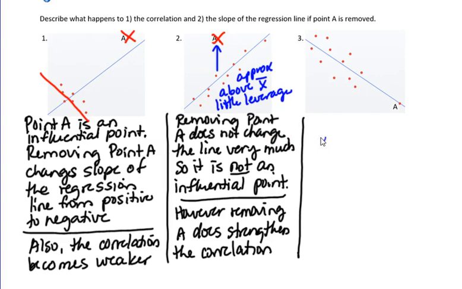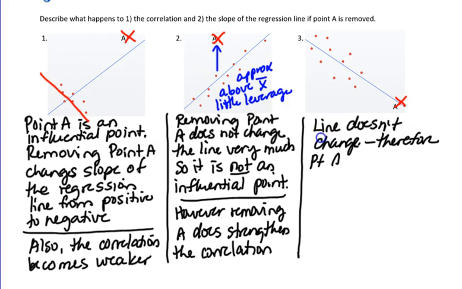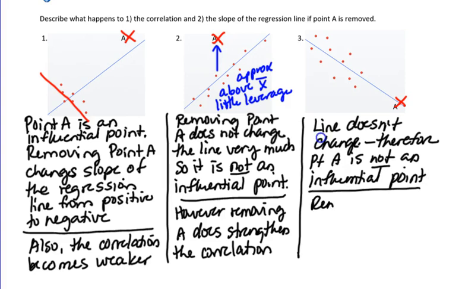Here, if we remove point A, the line doesn't change much. Actually, hardly at all. The line doesn't change. Therefore, point A is not an influential point. Removing it, however, does weaken the correlation. Removing A weakens the correlation.